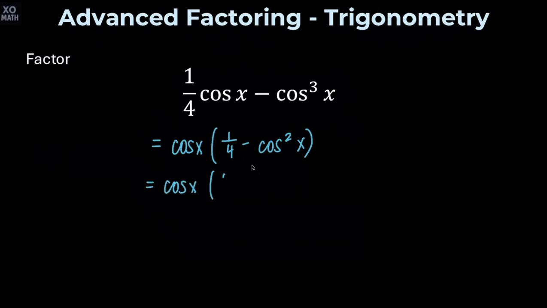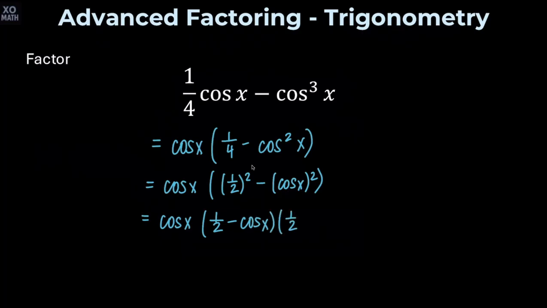So 1/4 we can rewrite as 1/2 quantity squared. And then I have minus cosine x quantity squared. So that is perfect for moving forward with the difference of squares. I have cosine x times the quantity 1/2 minus cosine x times the quantity 1/2 plus cosine x.